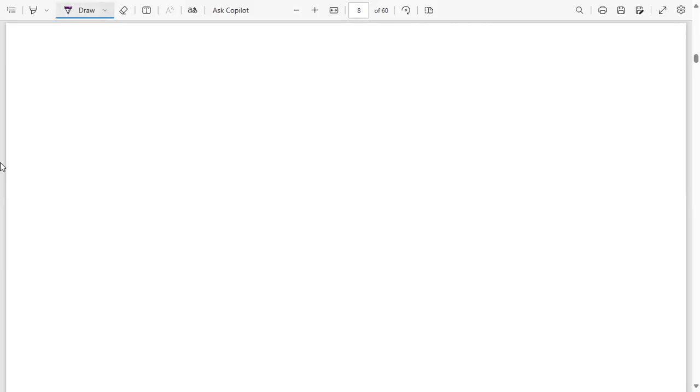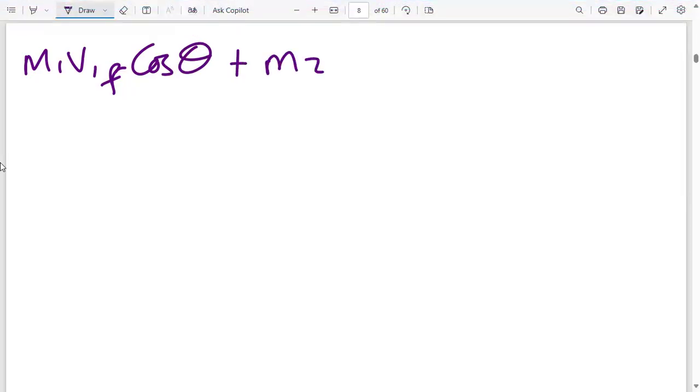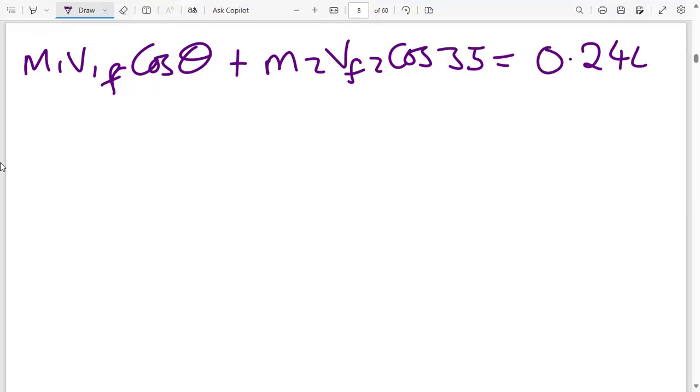We're going to say the mass of 1 multiplied by the velocity of 1 final in the x, cos theta, I forgot the cos theta, v1 final cos theta, of which the theta we don't know, plus the mass of 2 multiplied by v final of 2 cos theta also, which is cos 35 in this case, should be equal to the initial momentum that we calculated in the x, which we found as 0.244.